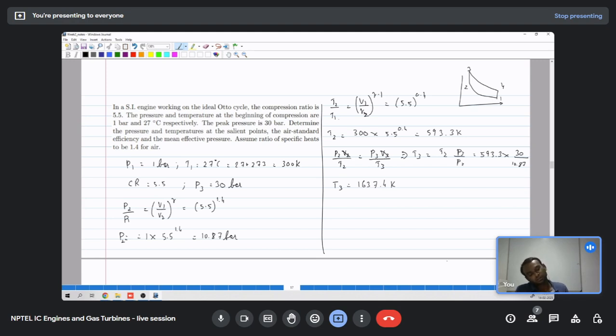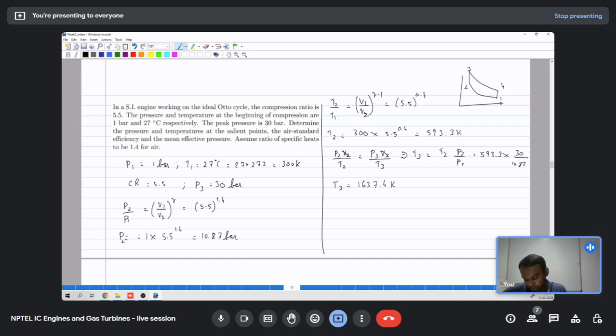We have calculated pressure and temperature at points 2 and 3. Now we can calculate at point 4. For this we can again use the same relationship.